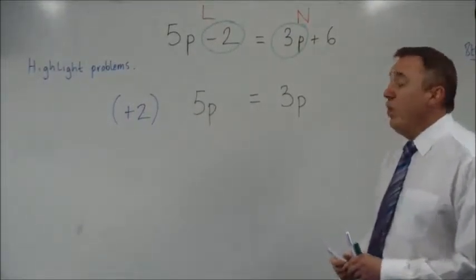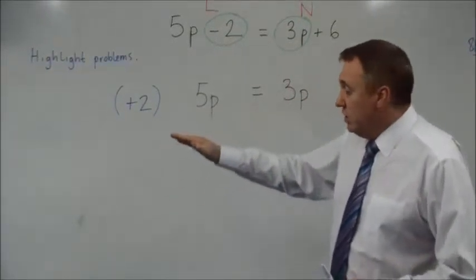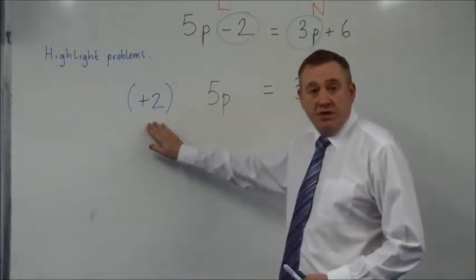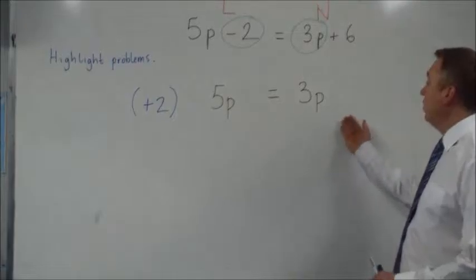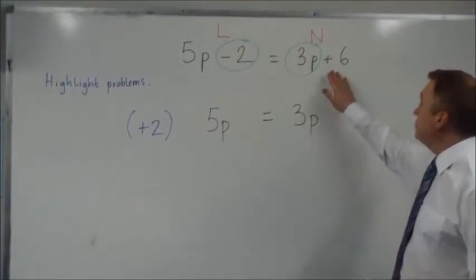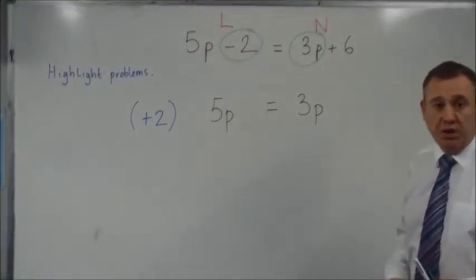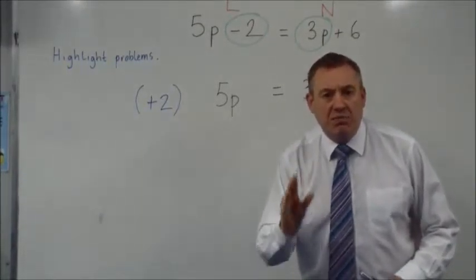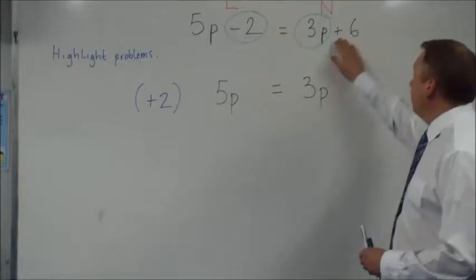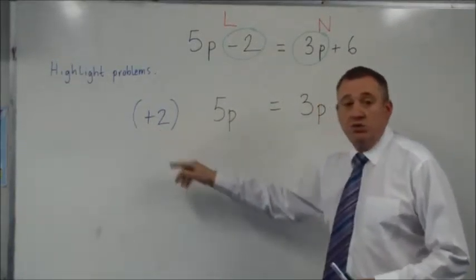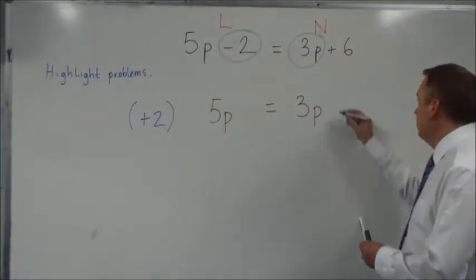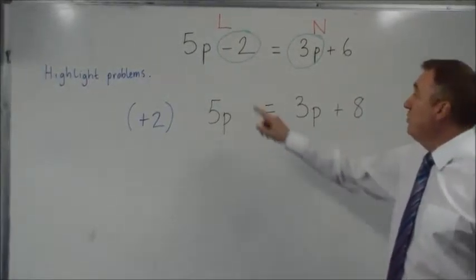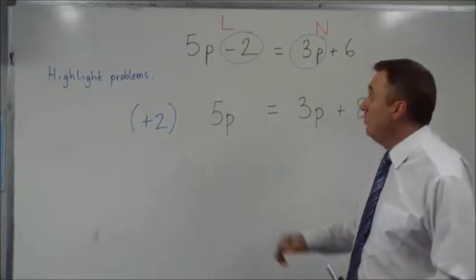Remember, when you are solving equations, we use the balancing method. Whatever we do on the left hand side, we must do on the right hand side. So I must also, with my plus 6 here, add another 2. I must keep it balanced. So I've got my plus 6, I've got my plus 2, that makes plus 8. That's dealt with the first of my problems.